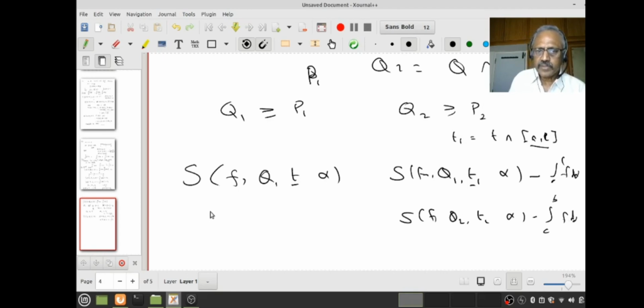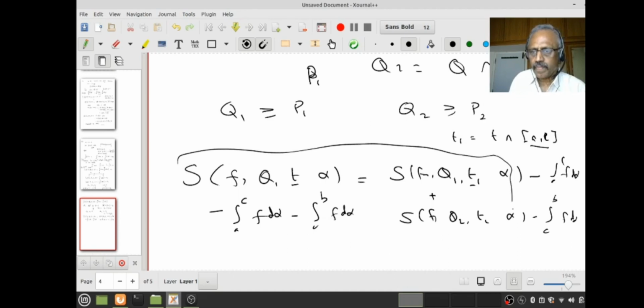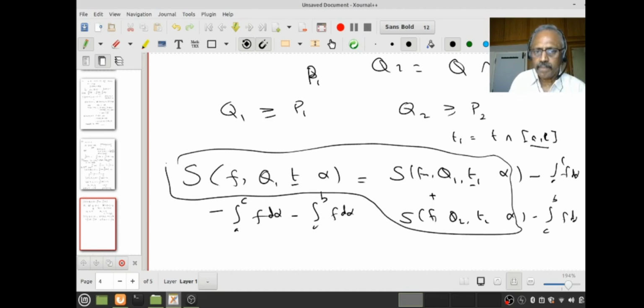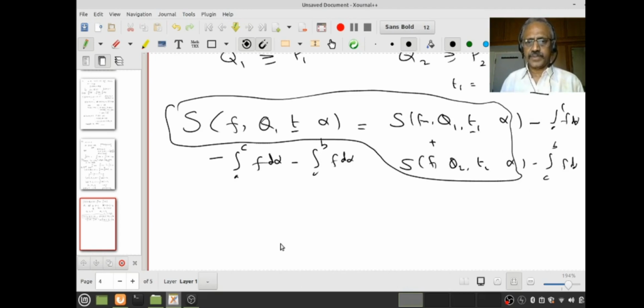Okay, but what I want is this, this is small. So what is the natural thing I should do? By now all of you are adept, very comfortable with this. What do you think? I should show this is equal to this plus this. Okay, this is what I want to show. But that's a trivial checking, right? This is pure algebra.